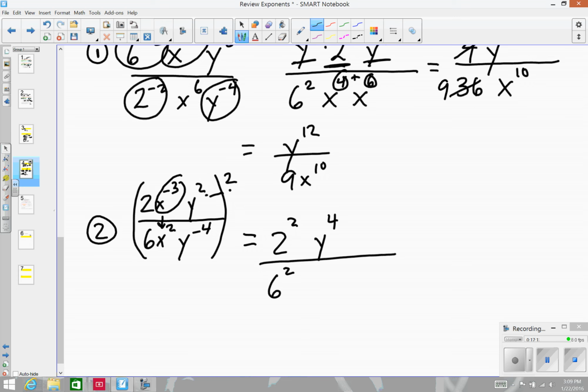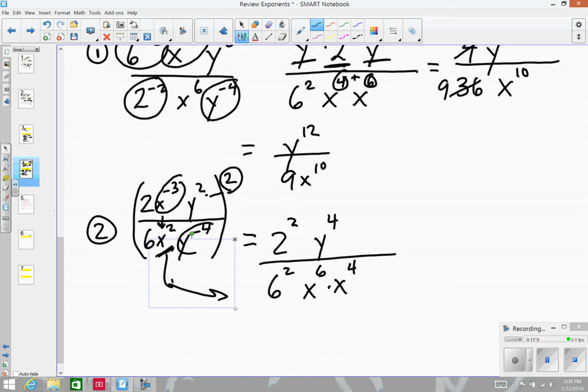Now, let's not forget, I have that x to the minus 3 that I'm going to write here as x to the positive 3, but I'm going to square that, and 3 times 2 gives me x to the 6. And then I have this other x squared here, so I need to put that in my denominator as well. X squared, but I'm going to take that to the second power, it becomes x to the fourth.